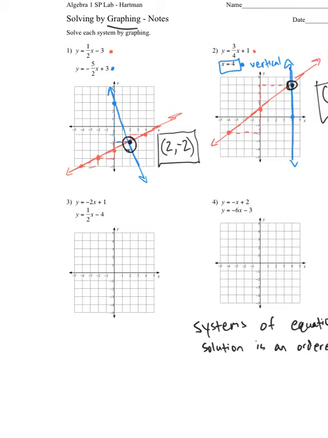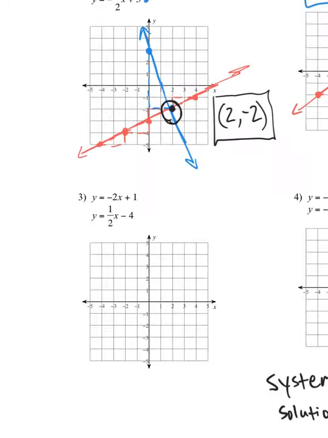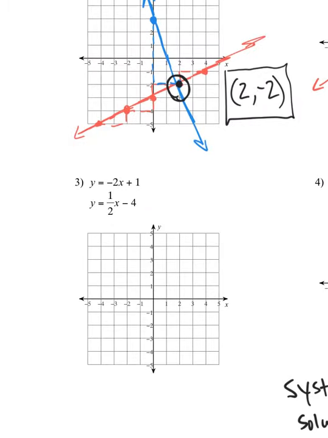All right? Let's go. I don't think we need too many more examples. Let's go one more example here. Y equals negative 2x plus 1, y-intercept of 1. Slope, negative 2, so down 2, right 1, negative 2 over 1. Down 2, right 1.